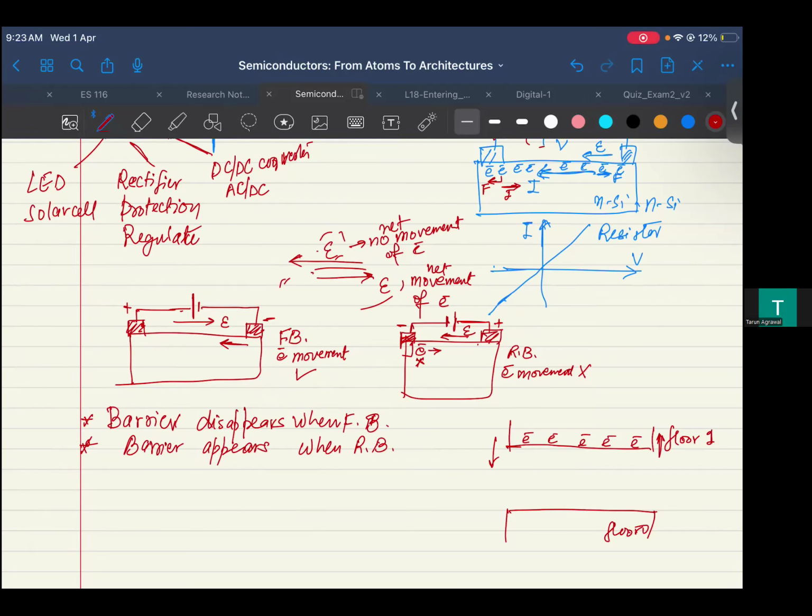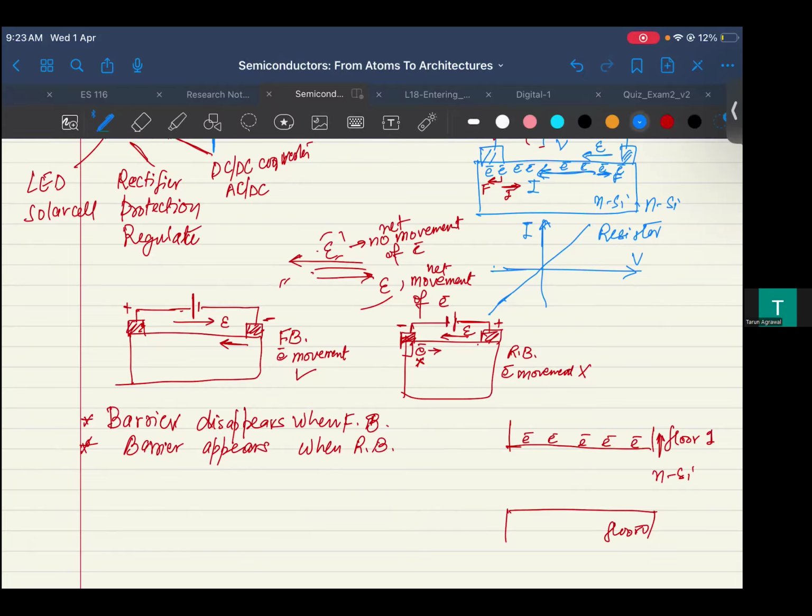So this is our N-type semiconductor, right? The other case is where you have the same scenario, let me draw with the blue one.